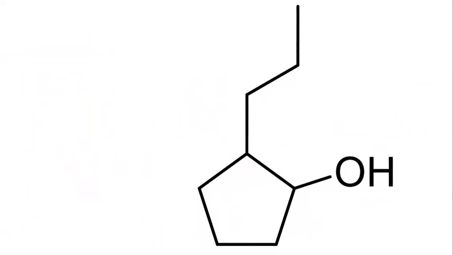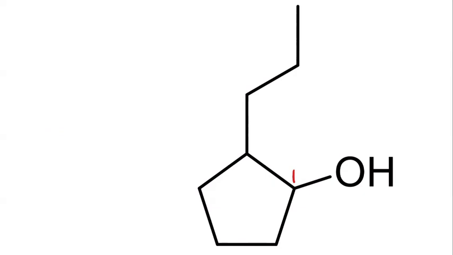Alcohol molecules can also be cyclic. And in the case of cyclic alcohols, this is the way that they're numbered. The carbon that is holding the OH group in a cyclic alcohol, we will always number it as a 1. Next, we are going to number the rest of the carbons in the cyclic system clockwise or counterclockwise, such that the substituent, if present within the ring, will have the lowest number.